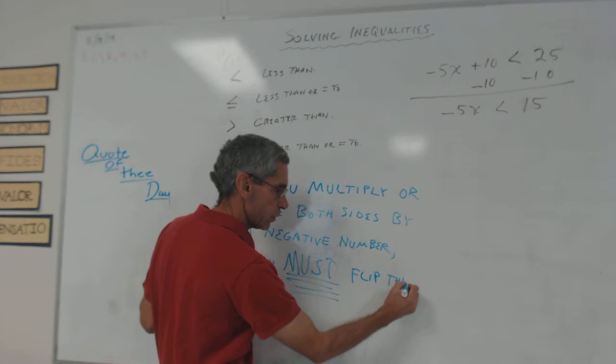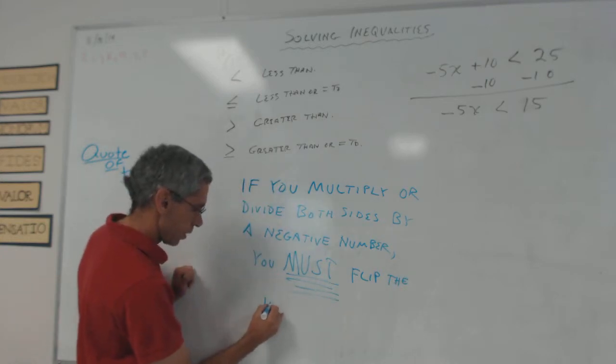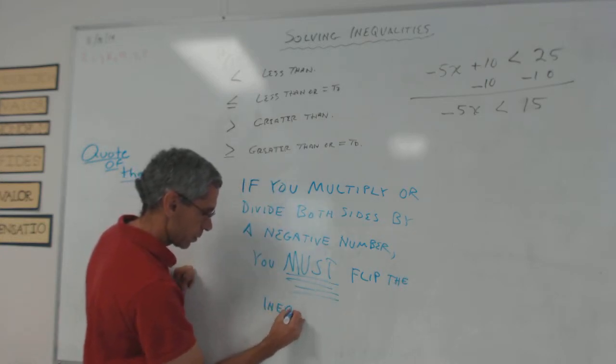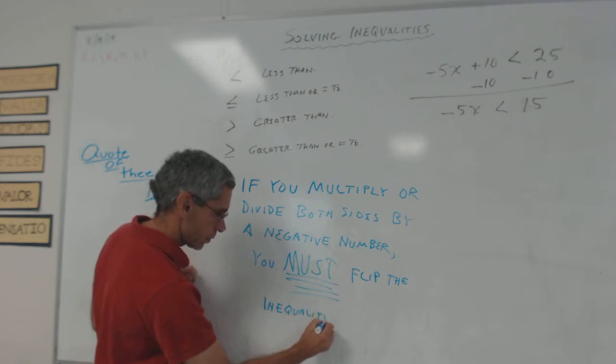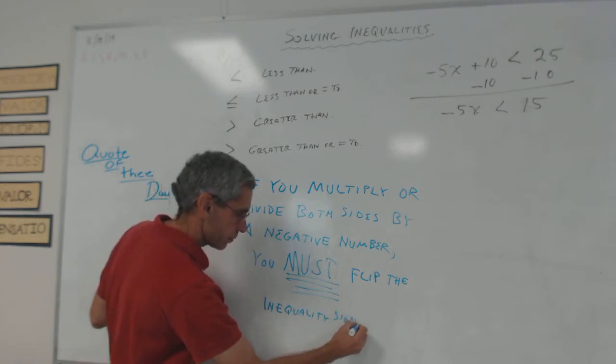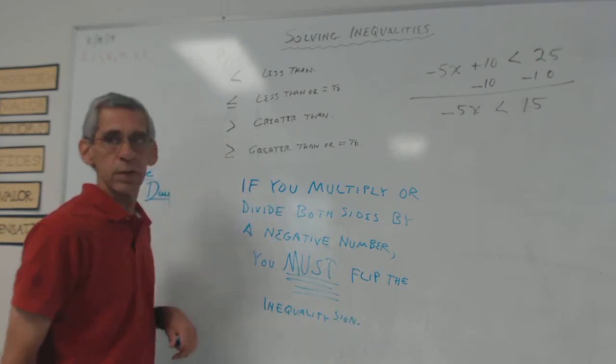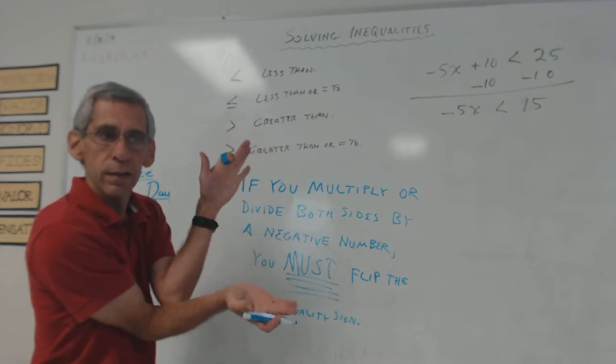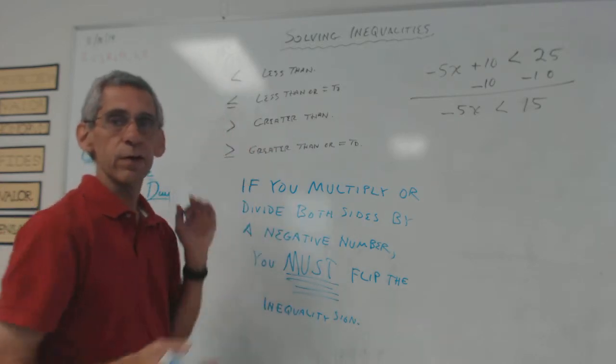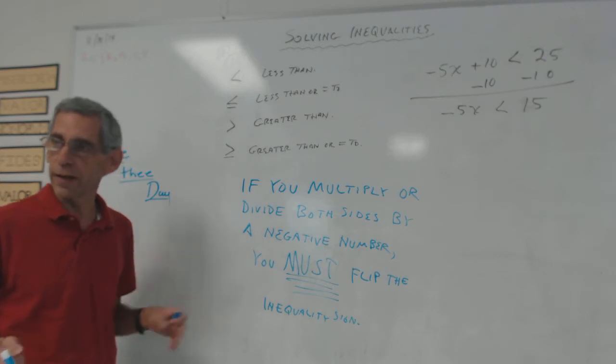And I'll prove it to you in a minute. Okay? So if it says less than, it'll have to then suddenly be greater than, if you multiply or divide by a negative number.